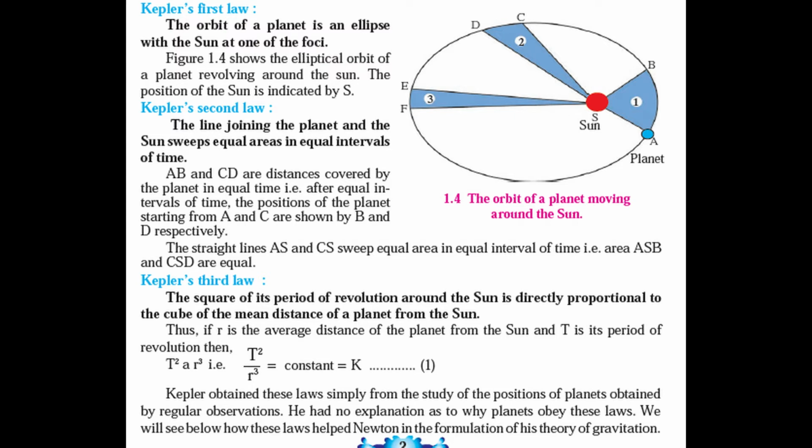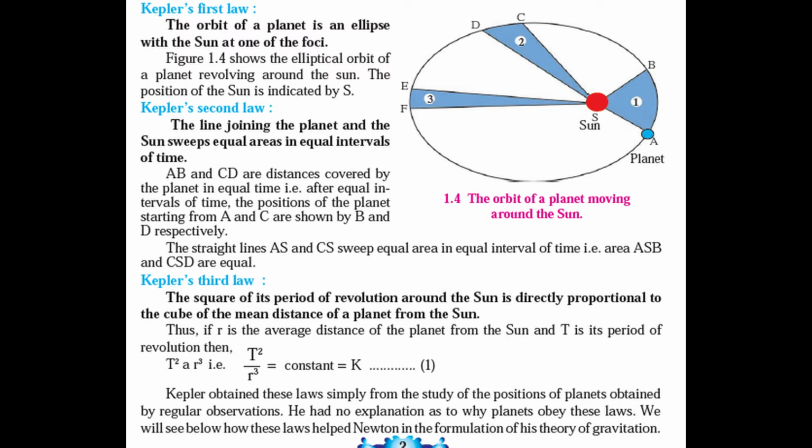So consider R as the average distance of the planet from the Sun, and T as the period, time of revolution. Then T square is proportional to R cube, that is T square divided by R cube is equal to a constant, which is K.